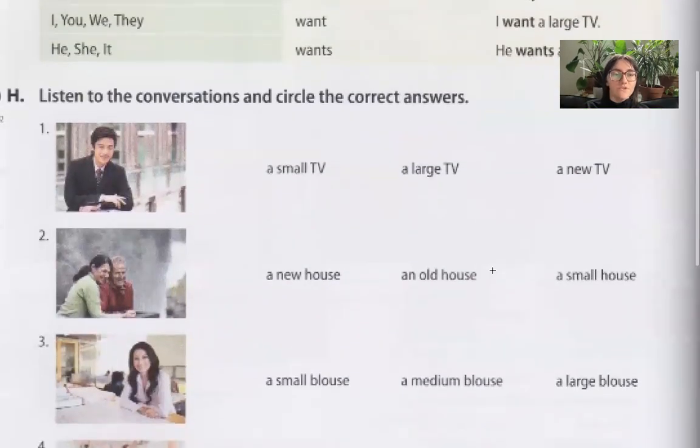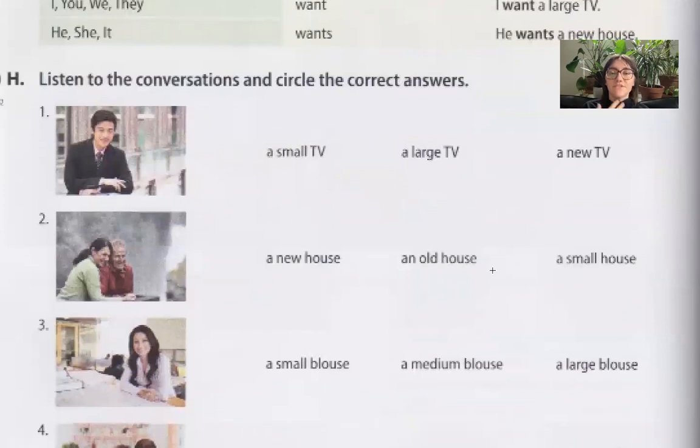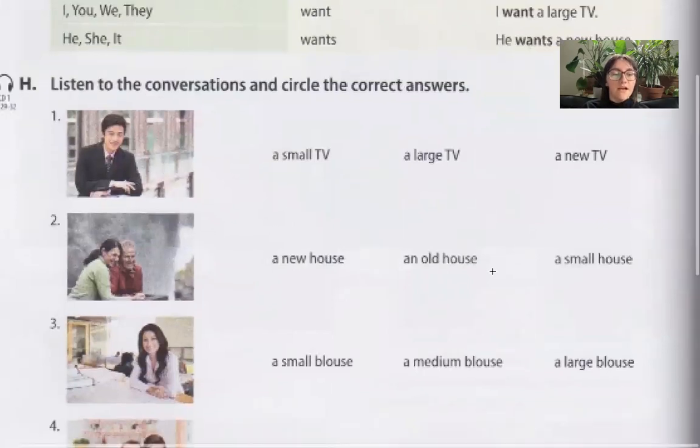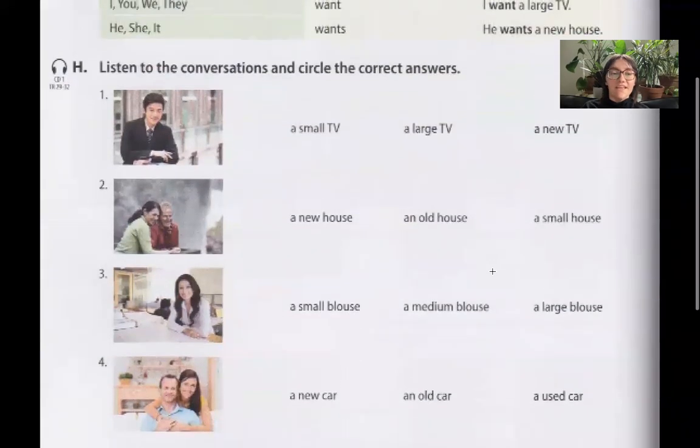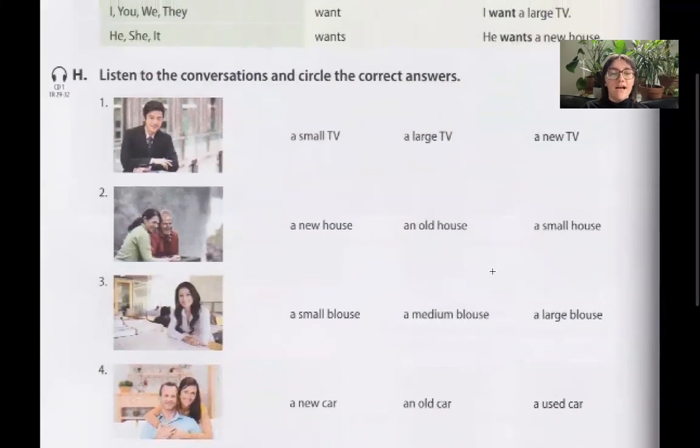Okay, so next one, it says, listen to the conversations and circle the correct answers. What I'm going to do is I'm going to say this person, I'll use he, right? He wants a new TV. So you want to pick which one I say. Okay, so this next one, number 2, they want a new house.